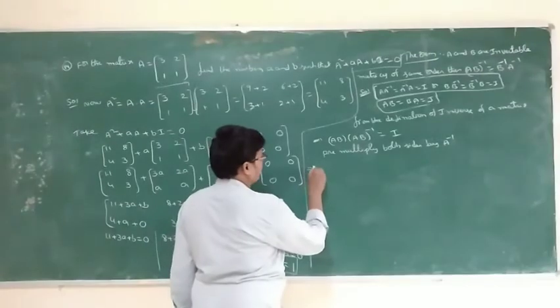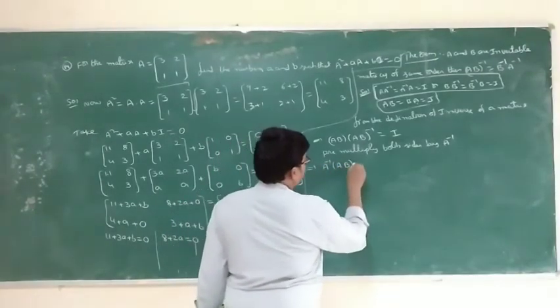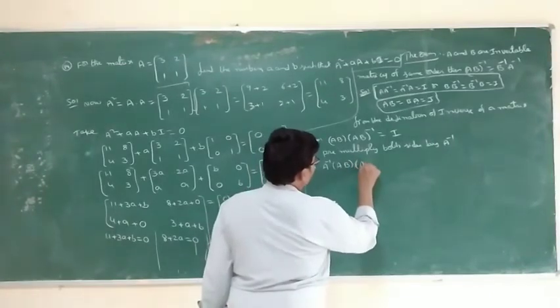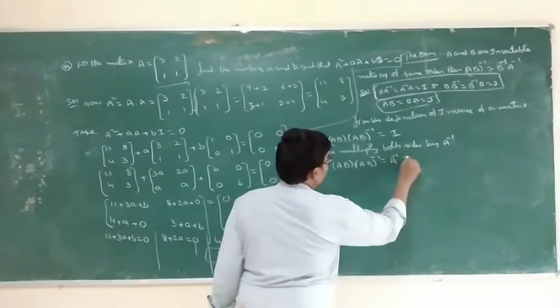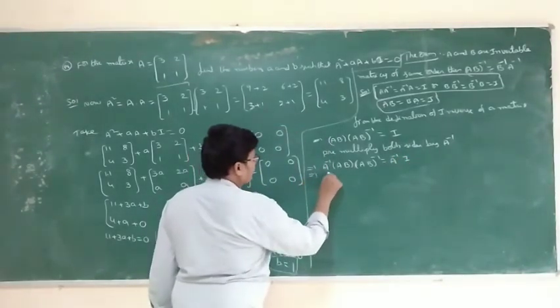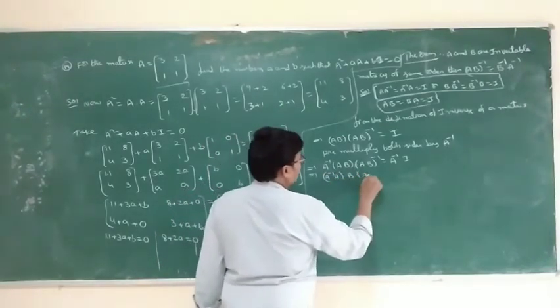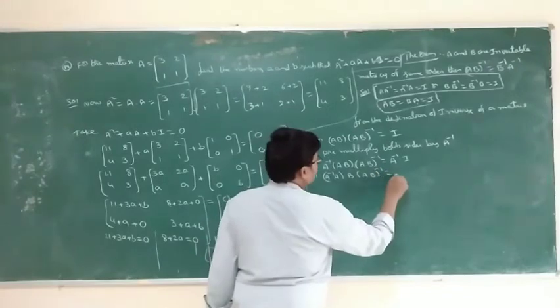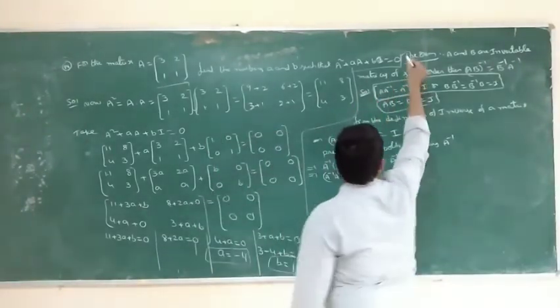So that implies A inverse into AB into (AB) whole inverse is equal to A inverse into I. So that implies A inverse into A into B into (AB) whole inverse is equal to A inverse into I. This is very, very important.